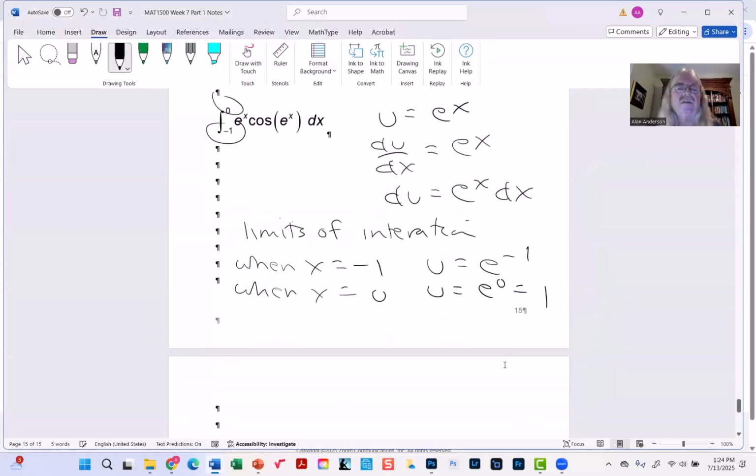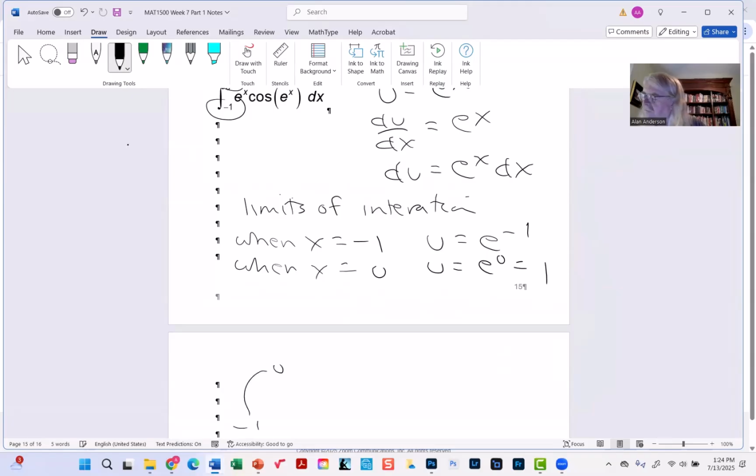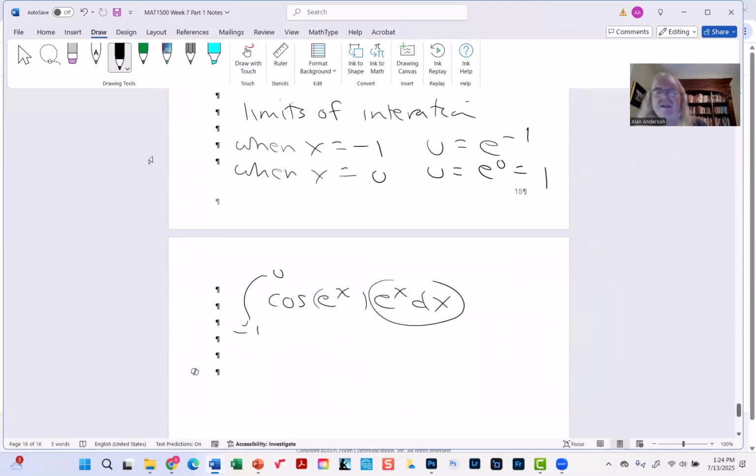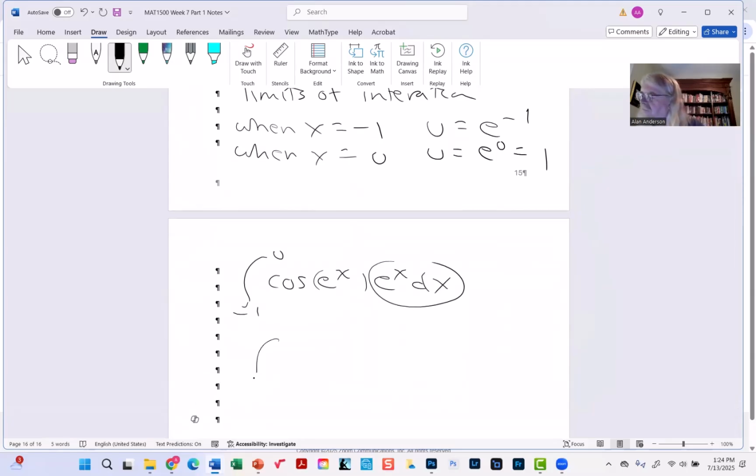All right, so we can bring all this together. We might want to rewrite it slightly first. It's pretty clear that we do have du here. So we change the limits of integration, and we end up with this.